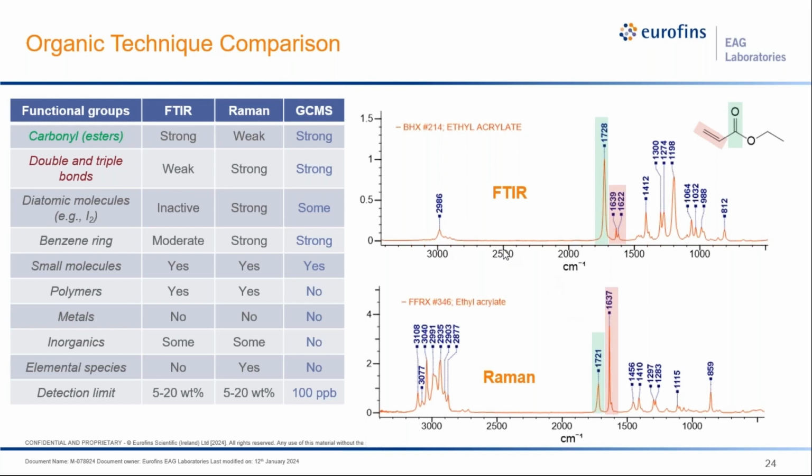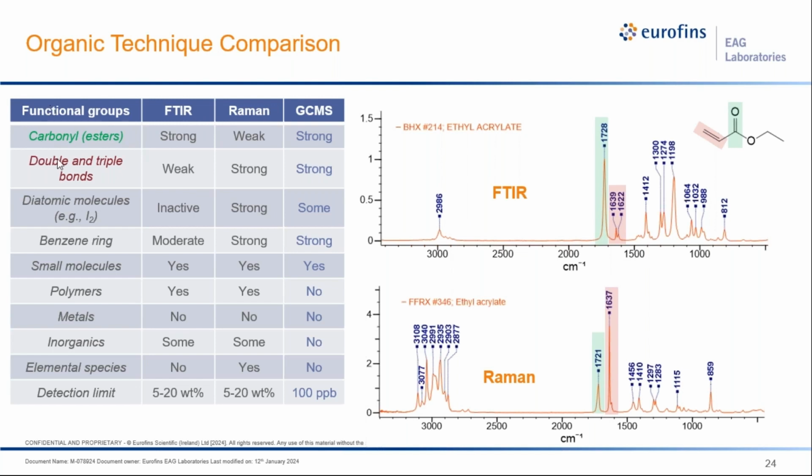And that's because Raman is much more sensitive to symmetry. So not a dipole, but more symmetrical bonding. And in this case, we have this double bond here. So this has great symmetry, and that's why you see it much more strongly in the Raman, while in the FTIR, it's relatively weak.